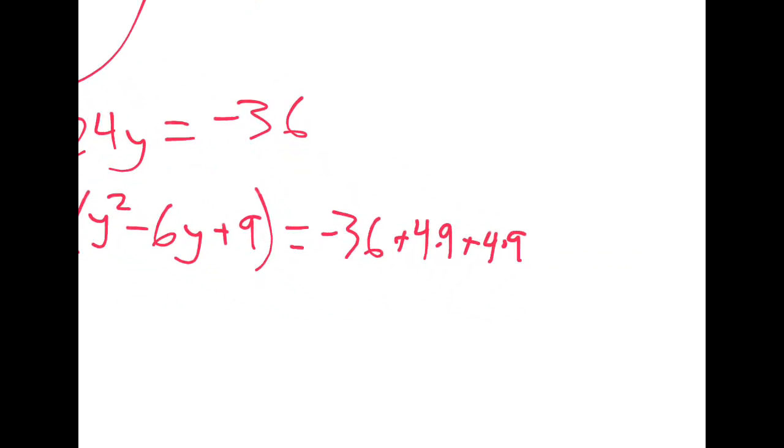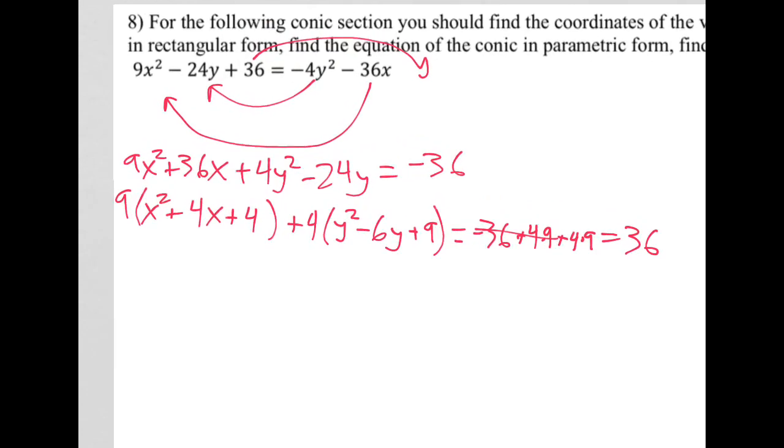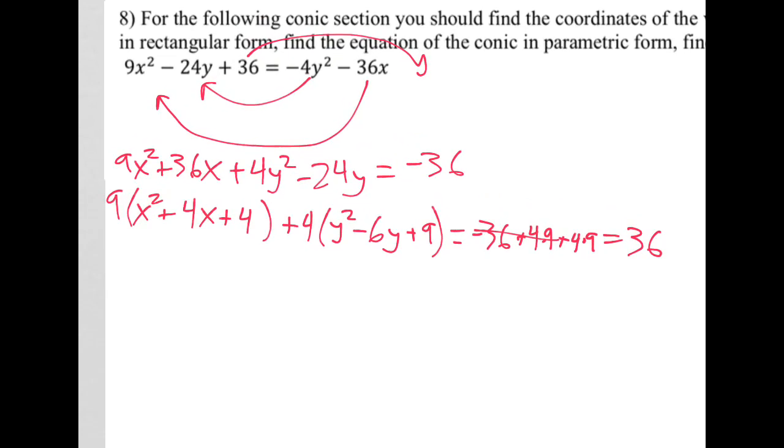Well, look, 4 times 9 is actually 36, and so I have a negative 36 and a positive 36, so that's gone, so I'm just left with 36, which is kind of cool. And now I can divide everything by 36.